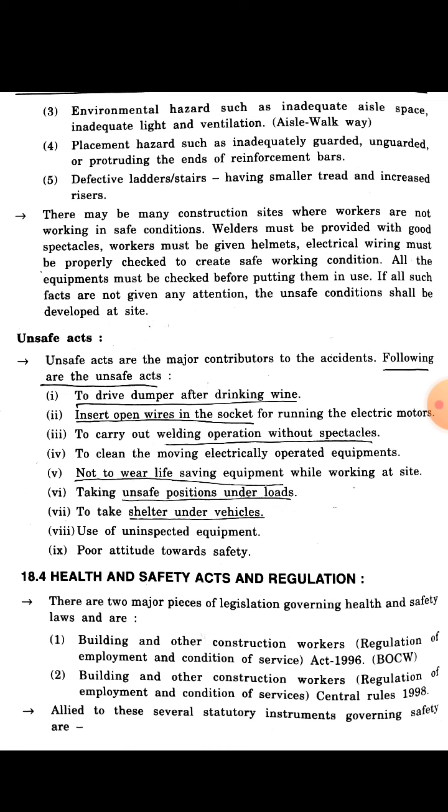Seventh is to take shelter under a vehicle, and eighth is to use uninspected equipment, and ninth is a poor attitude towards safety. These are the list of unsafe acts.